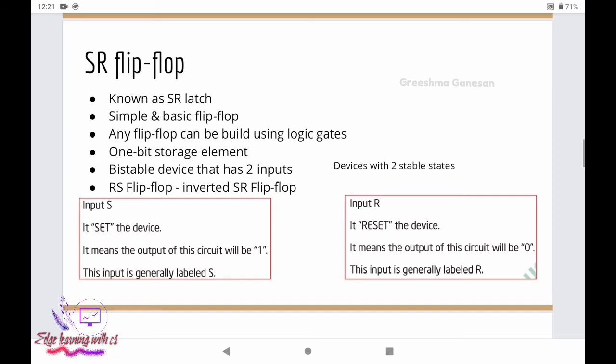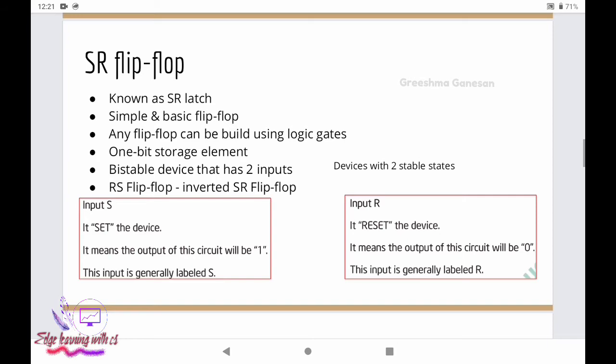If we are not doing anything, then in every program our condition will stay at the value 0, because we haven't done anything, so our stable value will be 0 there. So if we reset our device, the output of this circuit will be 0, and this input is generally labeled as R.